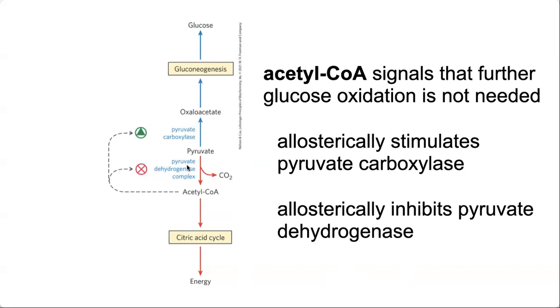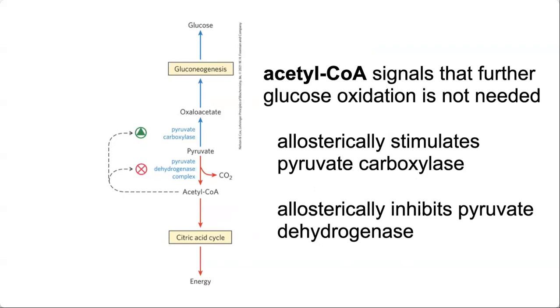It's also going to be inhibiting the step from pyruvate to acetyl-CoA, so that if you do get to pyruvate, don't go forward into glycolysis if you already have a bunch of acetyl-CoA. But if you have a bunch of acetyl-CoA, let's stimulate it going the other direction. Let's stimulate that pyruvate carboxylase to get us oxaloacetate.